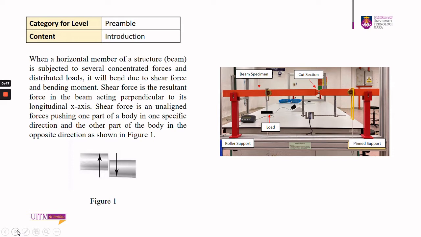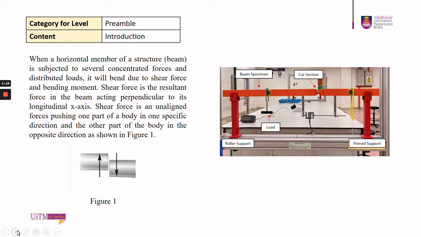Shear force is the resultant force in the beam acting perpendicular to its longitudinal x-axis. Shear force is an unaligned force pushing one part of a body in one specific direction and the other part of the body in the opposite direction, as shown in figure 1.